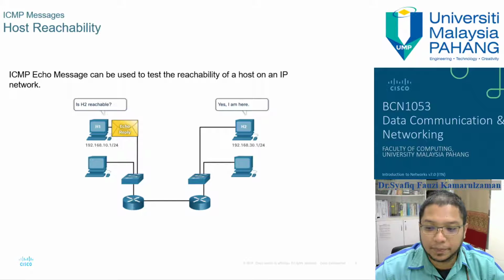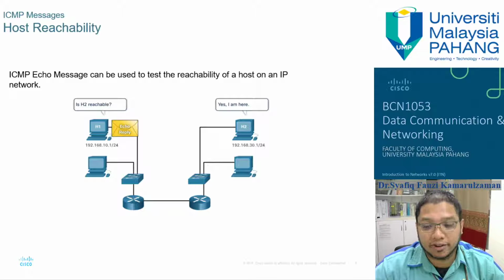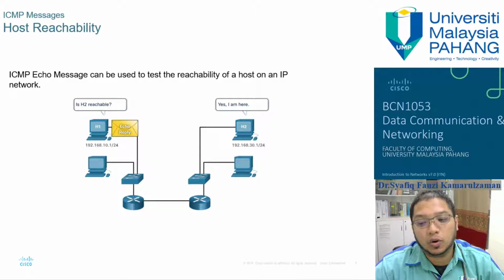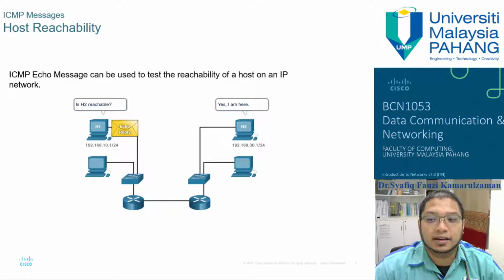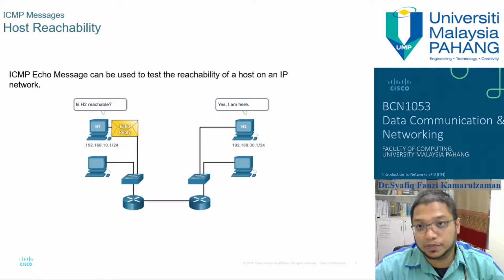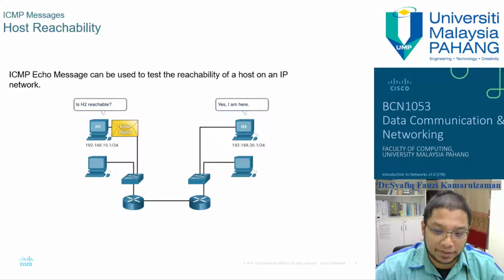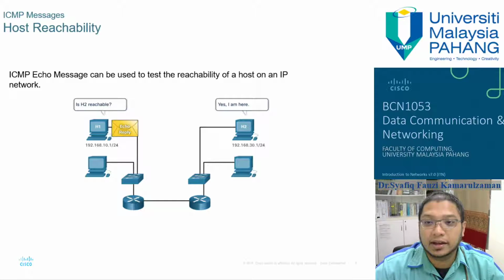In this example, the local host sends an ICMP echo request to a host. If the host is available, the destination host responds with an echo reply. So basically it's an echo: you send something and it replies with the same thing. This is how host reachability is confirmed.